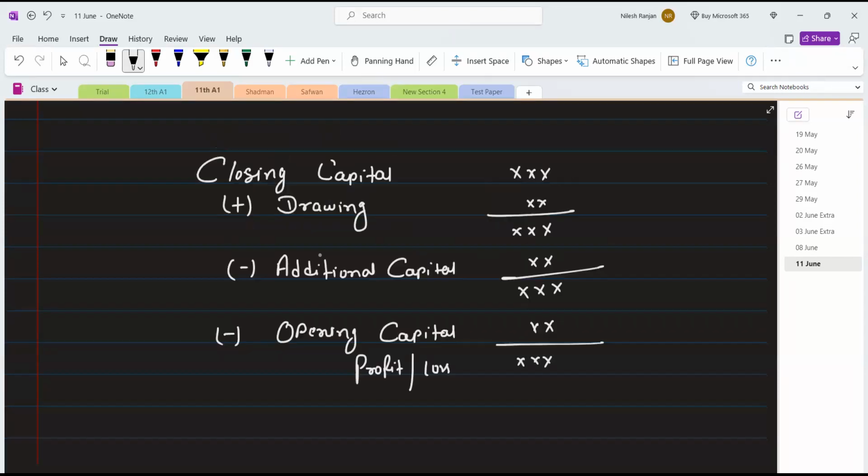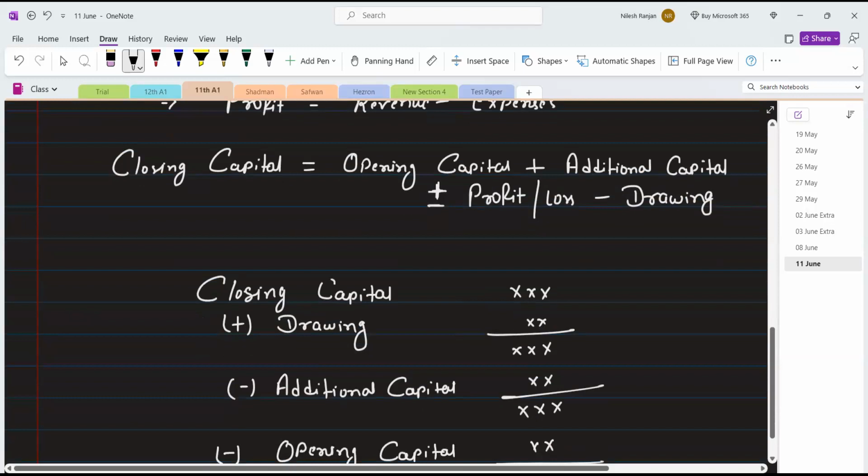This is how we calculate closing capital. So these are the formulas in addition to assets equals capital plus liabilities.